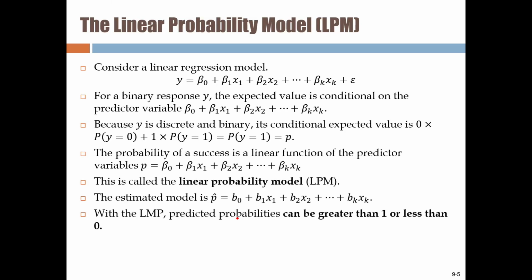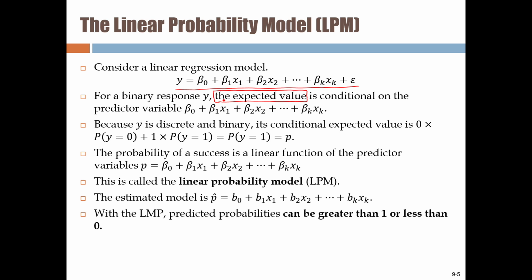This is what we call the linear probability model. So again, we just bring in the linear regression model just like we have used so far, and the binary response y is the expected value. It can be 1 or 0. So what we are trying to calculate is not the 1 or 0; sometimes it's a 1, sometimes it's 0.